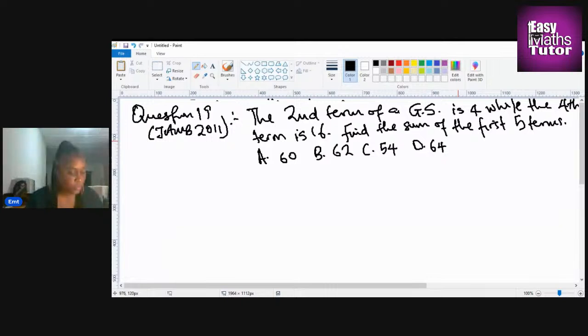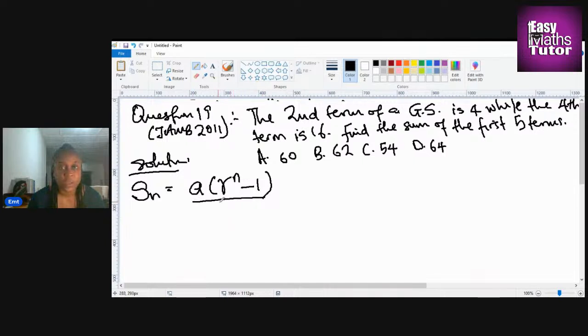So solution. We know that the sum of a geometric progression is a bracket r raised to power n minus 1 bracket close all over r minus 1.